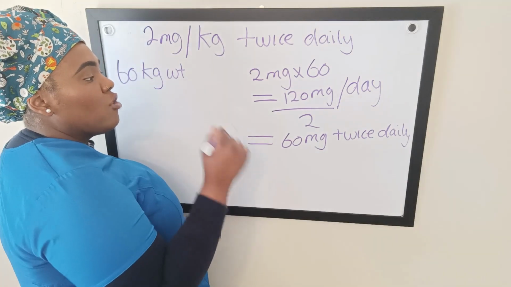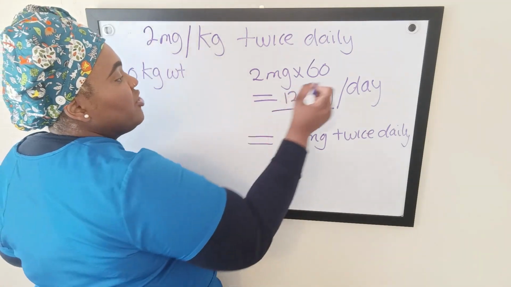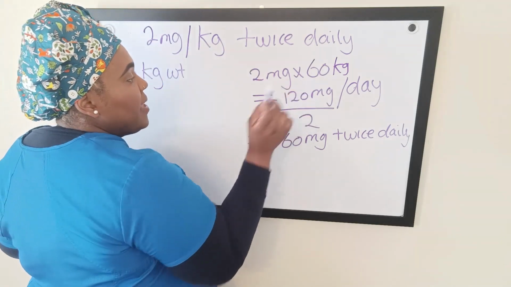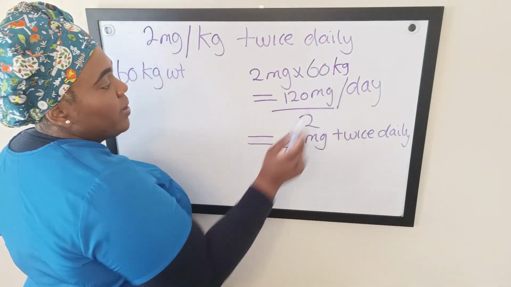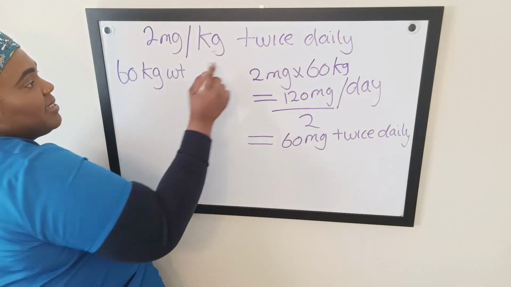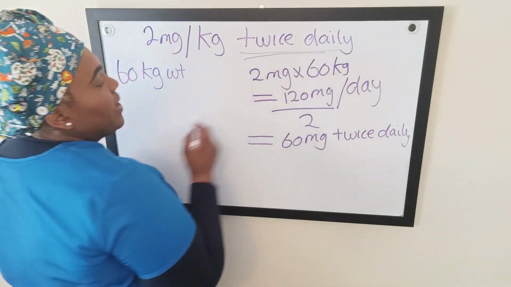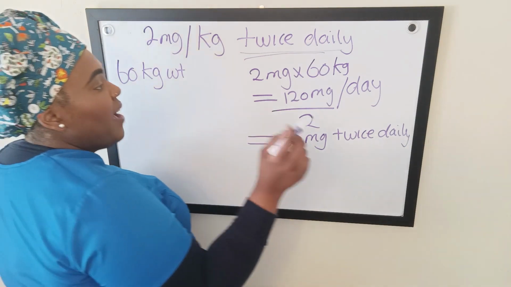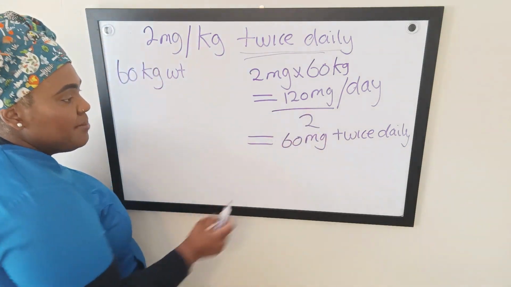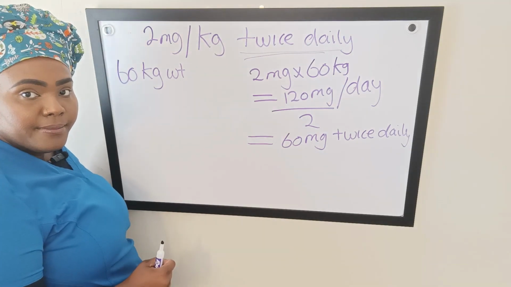Our patient is 60 kgs. So 2 milligrams multiplied by 60 equals 120 for 1 day. We have to give this medication twice daily, so we divide the total amount for the day by 2, which brings us to 60 milligrams twice daily.